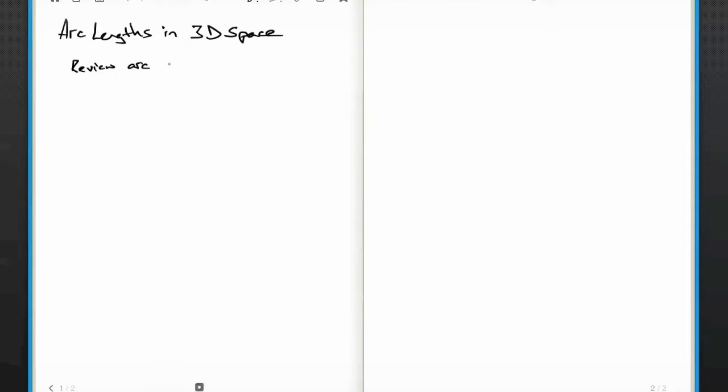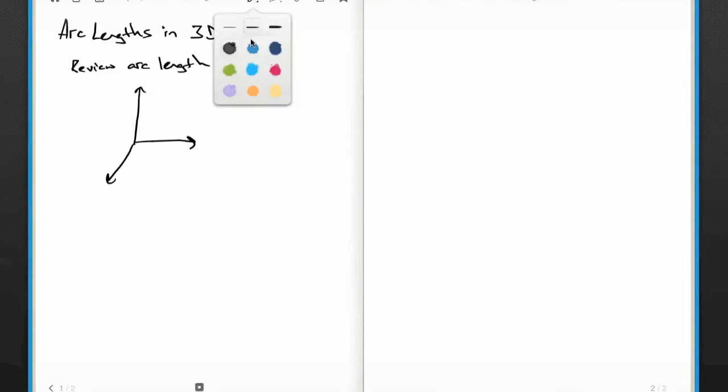arc length. But I'm going to sketch it as best I can in 3D. So here we have our 3 dimensions, and then I'm going to draw kind of a little path to get to where I'm going.